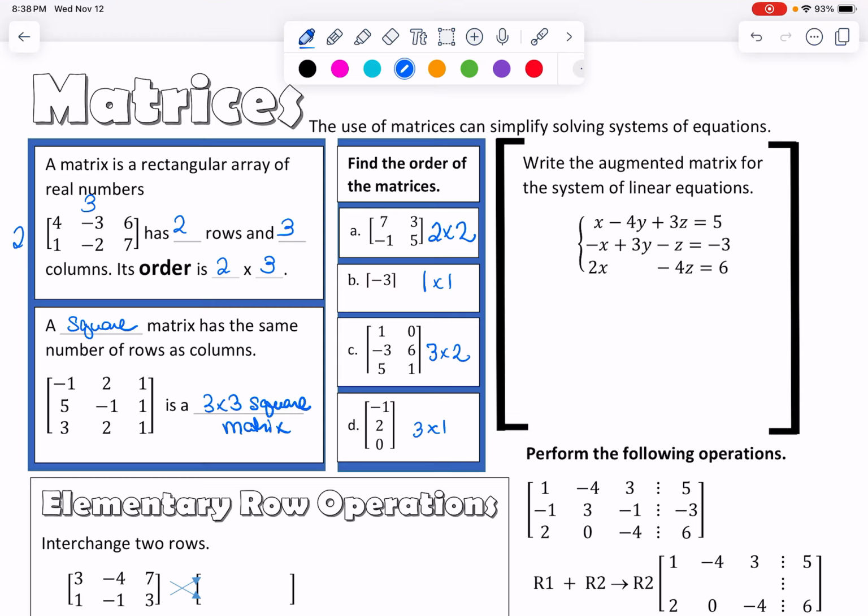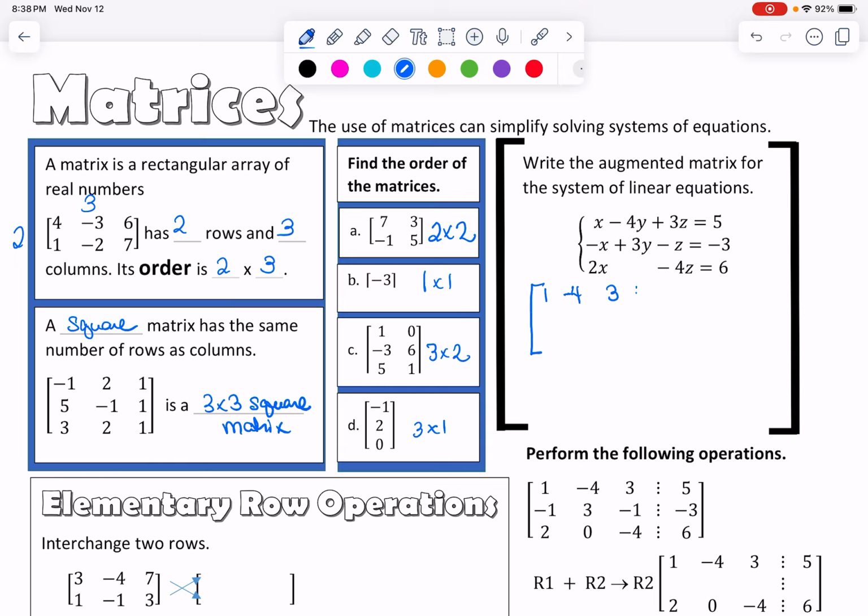So when we want to use matrices to solve a system of equations, we start by writing an augmented matrix for that system of linear equations. So we start by writing the coefficients in this matrix. It will end up being a 3 row by 4 column matrix with the coefficients listed first, -1, 1, -4, and 3.